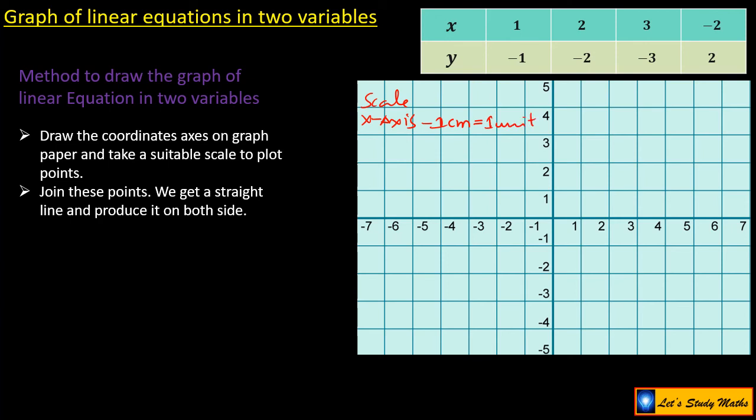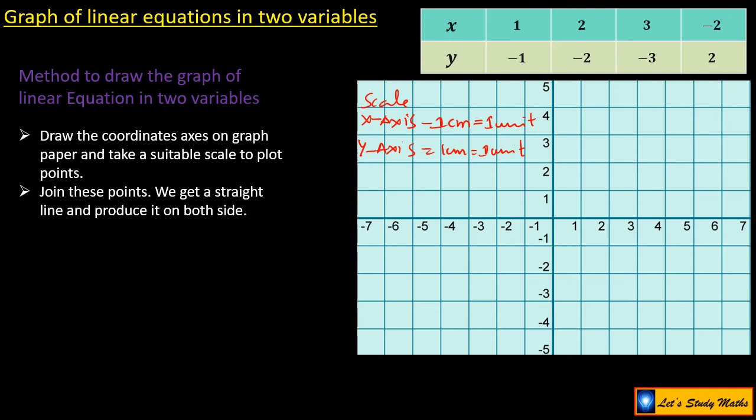How you set the scale is left to us. Then on the y-axis, 1 centimeter equal to 1 unit. You can consider 1 centimeter equal to 2 units also. It is left to us.